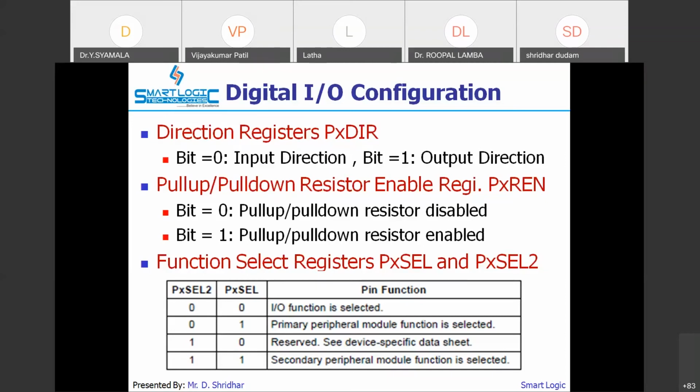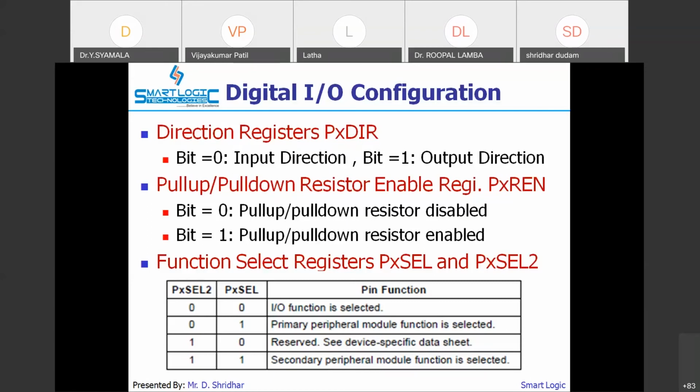By default, every port pin is an input. This is to save power and to avoid accidentally switching on any output device. That is why by default each and every port pin is an input.